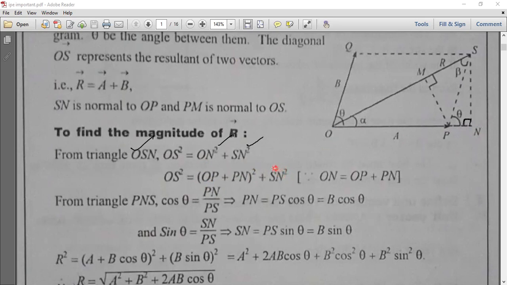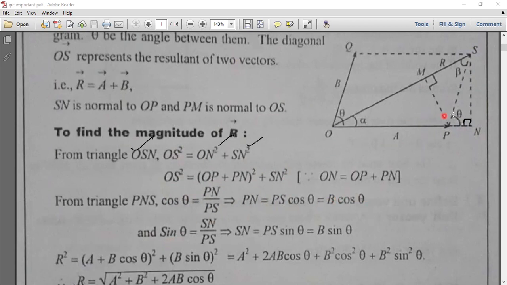Now again, I am taking another triangle, that is PSN. In this triangle, cos theta is equal to PN by PS. So PN is equal to PS cos theta, and PS is B. Therefore PN is equal to B cos theta.